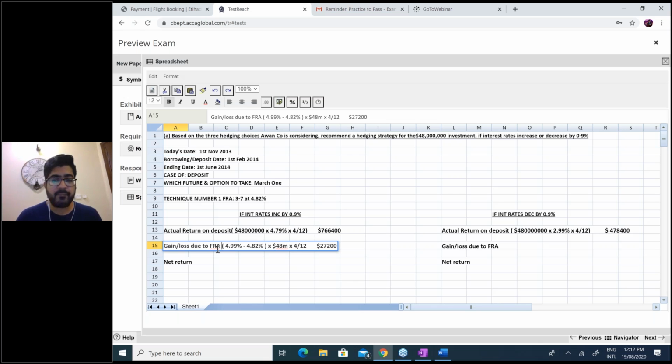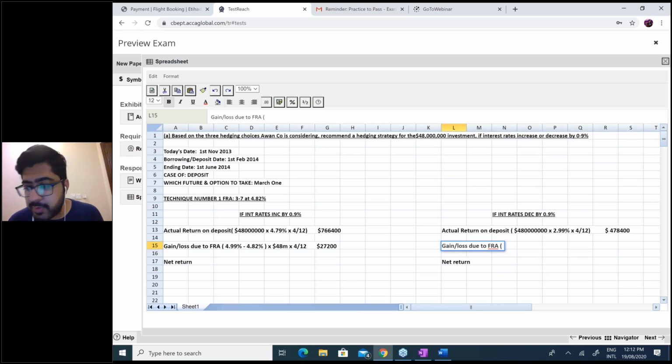Okay, and come here. If interest rate decreased by 0.9, gain or loss due to FRA, apply the format. Difference in rates. If rates decrease by 0.9, 4.09 was the interbank rate, they became 3.19.